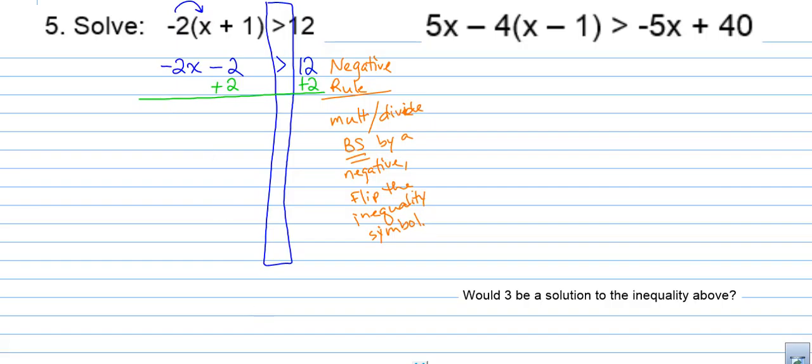Okay, so then the negative 2 will drop. Okay, negative 2 plus 2 is 0. Okay, since we did not multiply or divide in this step, the sign will stay the same, and 12 plus 2 is 14.